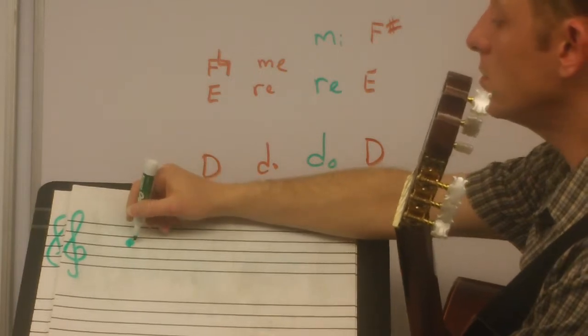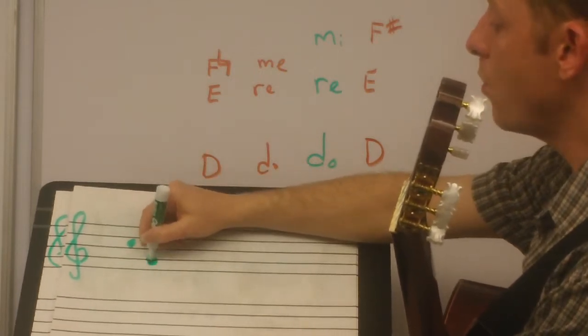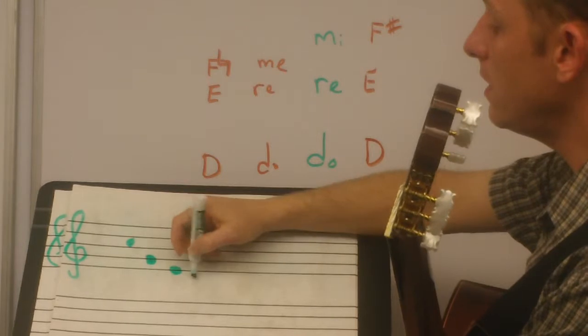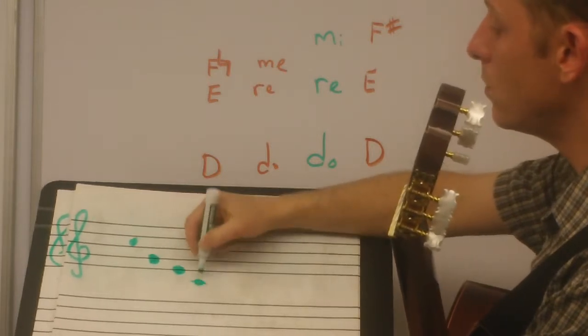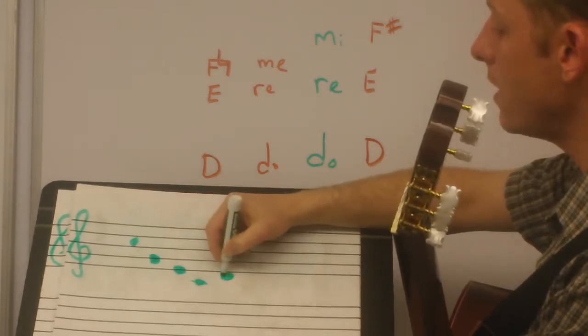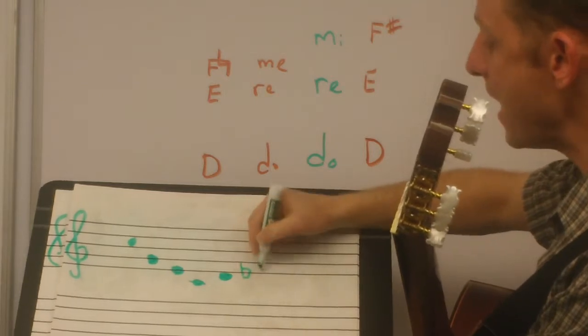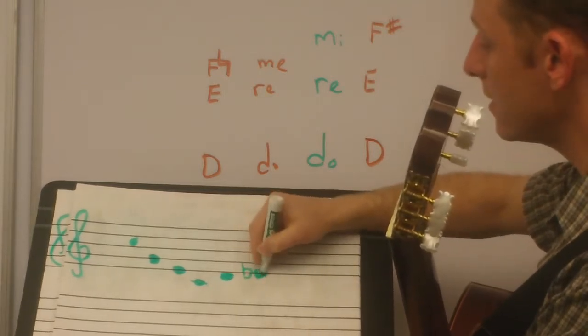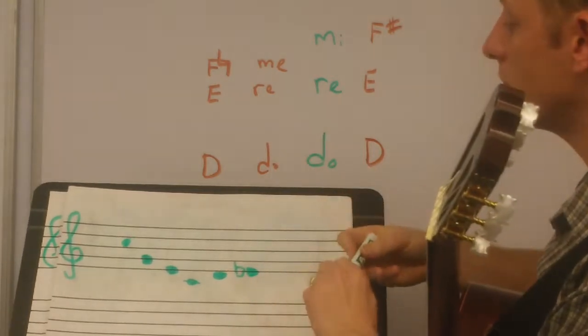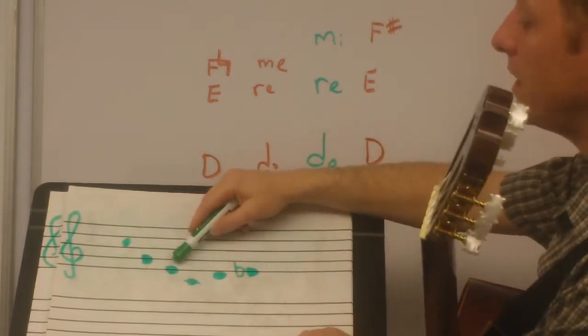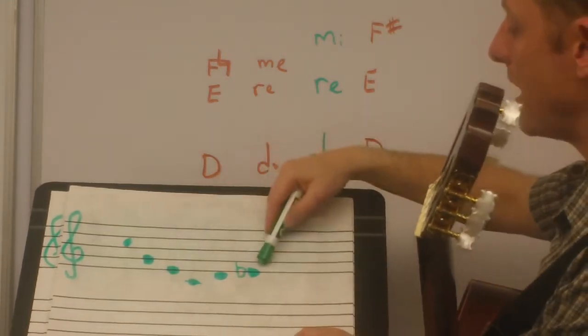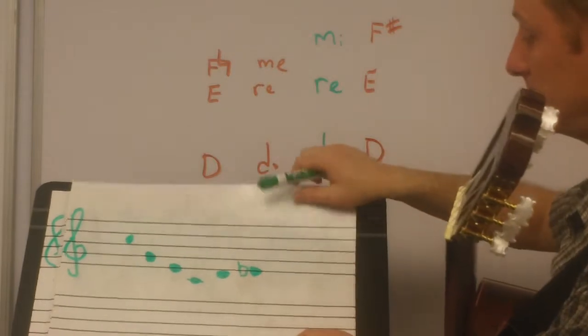Do, so, mi. Since in C major, the mi would be E natural, may would be E flat.